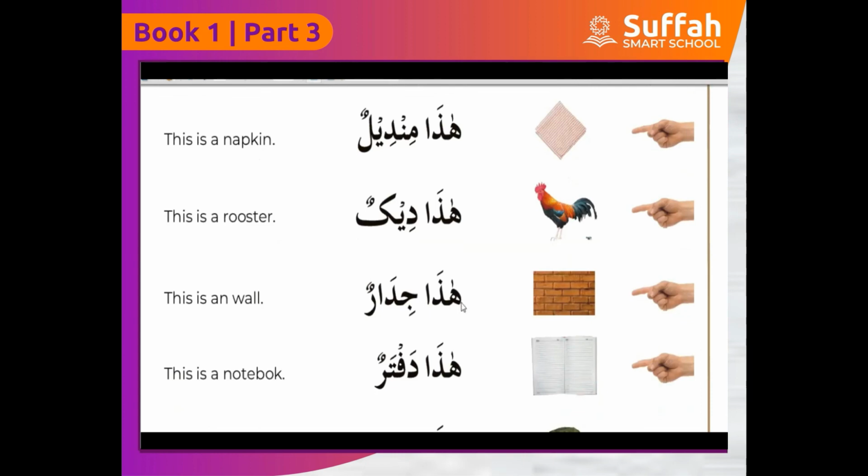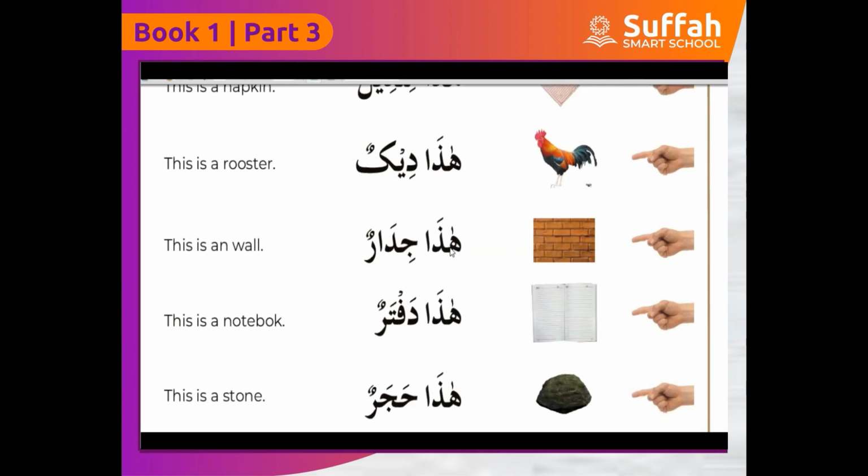Next. Now, hada jidarun. Jidarun is a wall. Hada jidarun. You see this letter in the previous sentence, which is written a little curved, is dal, and this one is ra.